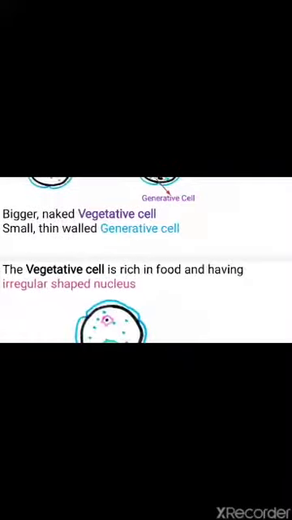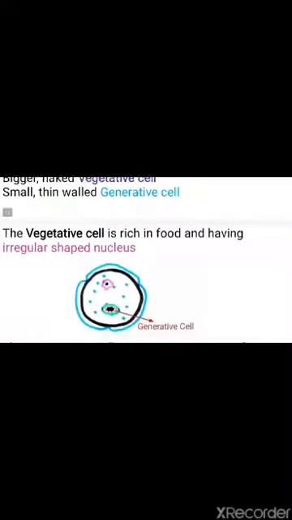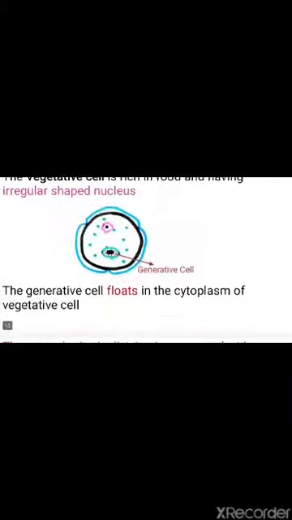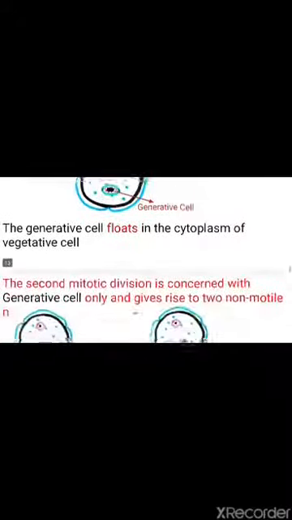You can see clearly the vegetative cell is a bigger, naked cell, whereas the small cell shown over here is the generative cell. The vegetative cell is rich in food and has an irregular shaped nucleus. This is the characteristic of the vegetative cell, whereas the generative cell is a small cell that floats in the cytoplasm of the vegetative cell.